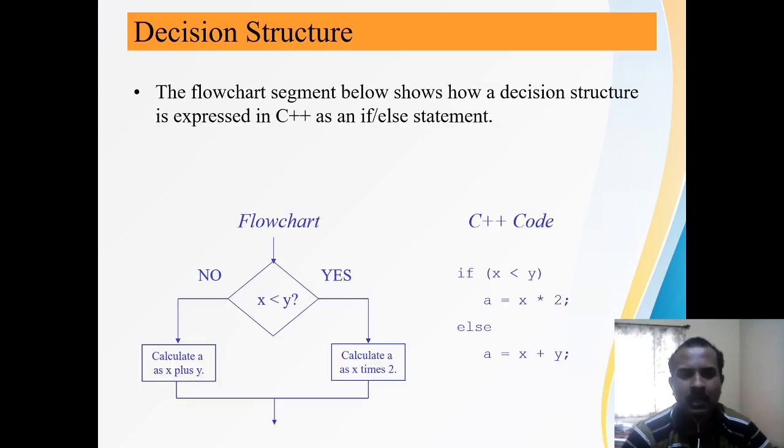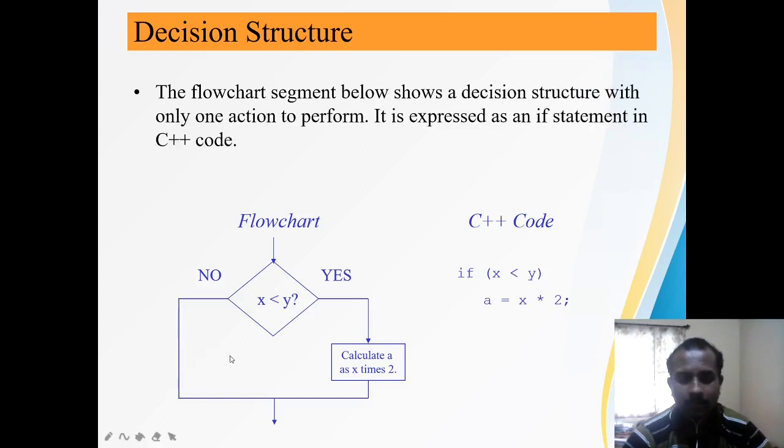Here this is a decision structure where I am showing a double alternative. For yes, you execute this statement block, and for no, you execute this statement block. This is again a decision structure, with a single alternative.